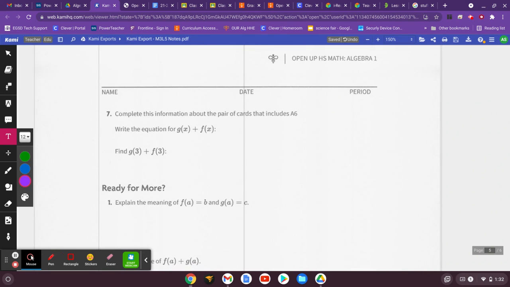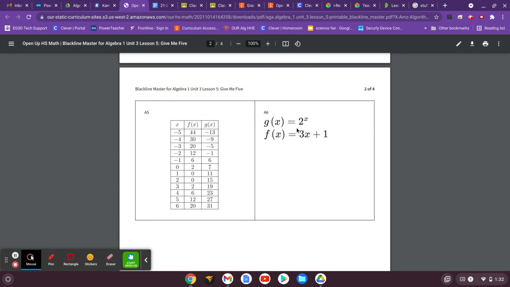Okay, so complete the information about the pair of cards includes A6. So write the equation for g of x plus f of x, and then we find the answer to it. So g of x is 2 to the x, 3x plus 1 is f of x.